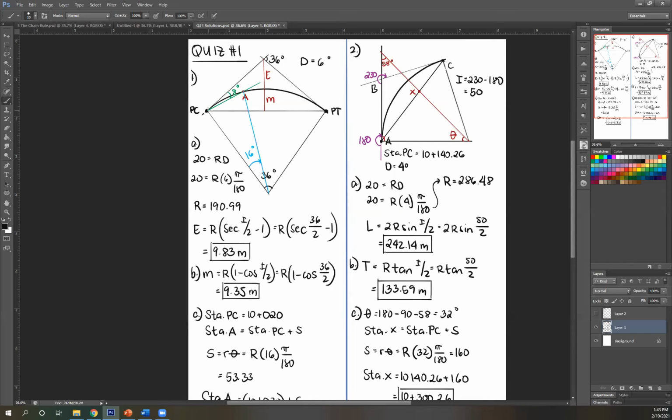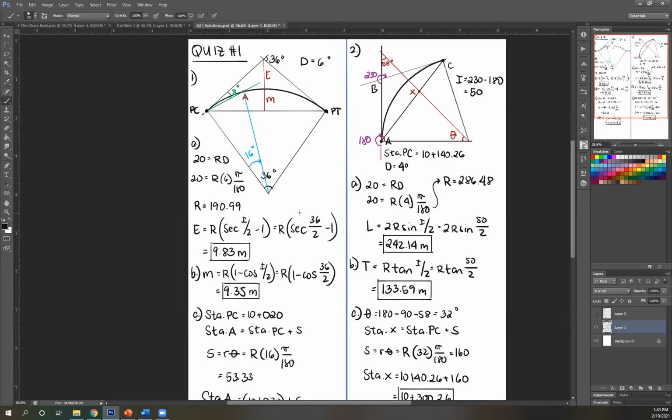For example, this is your chord. Deflection angle from tangent is 8. Therefore, the central angle, or the angle subtending your chord, is twice that, so this is 16. Same thing here: if you have another angle theta, this angle would be twice theta.